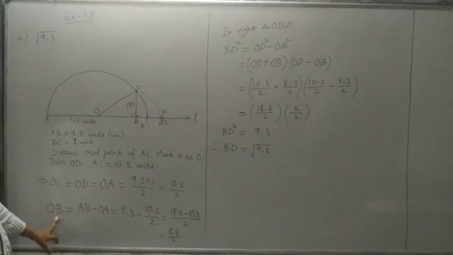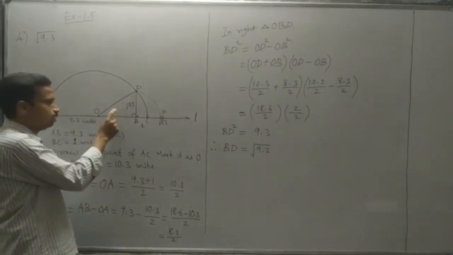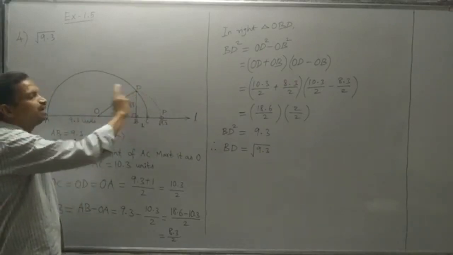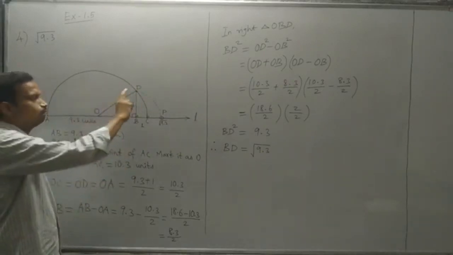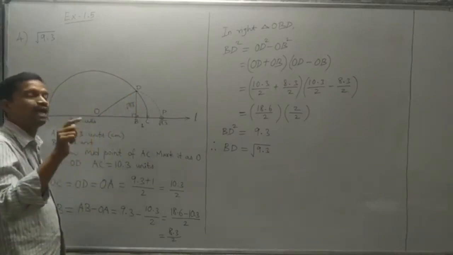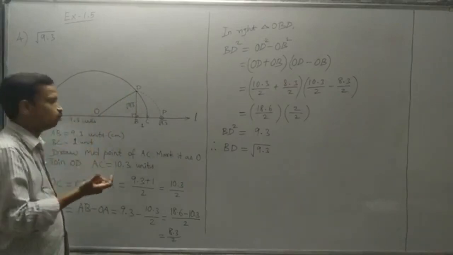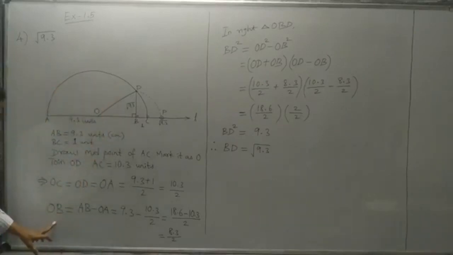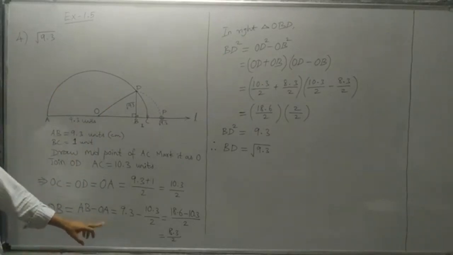Now we are going to find OB. Why? Because in this right triangle OBD, we want BD. We have to prove BD is root 9.3. For that, we need OB and OD. What is OB? You see the figure. OB is AB minus OA.